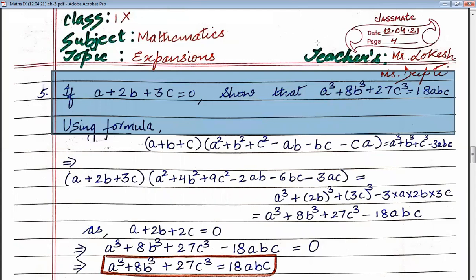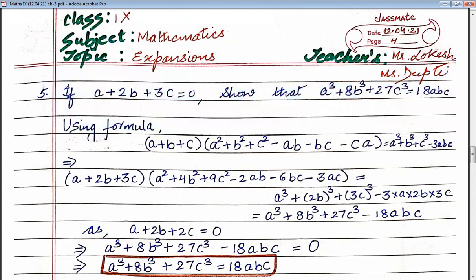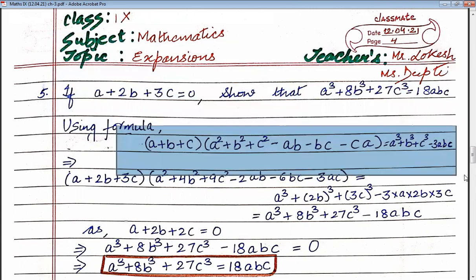Now, children, if you remember in the beginning, we have discussed an important result. Okay, so now let's see. You know the formula that a plus b plus c times a square plus b square plus c square minus ab minus bc minus ca is equal to a cube plus b cube plus c cube minus 3abc.